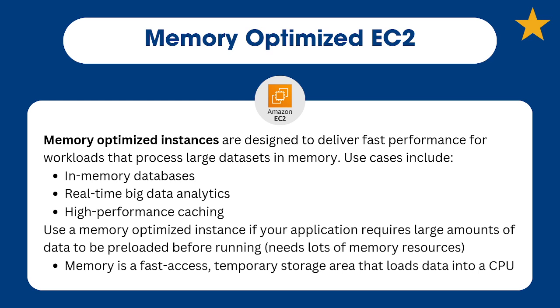It's kind of tied to compute optimized, but one of the big differences is speed here. Compute is more about volume. So: in-memory databases, real-time big data analytics. Those are your big databases. High-performance caching. You're going to want to use a memory optimized instance if your application requires large amounts of data to be preloaded, is one of those keys. Remember, memory is a fast access temporary storage area that loads data into the CPU. So while connected to the CPU, this is more about speed and access.